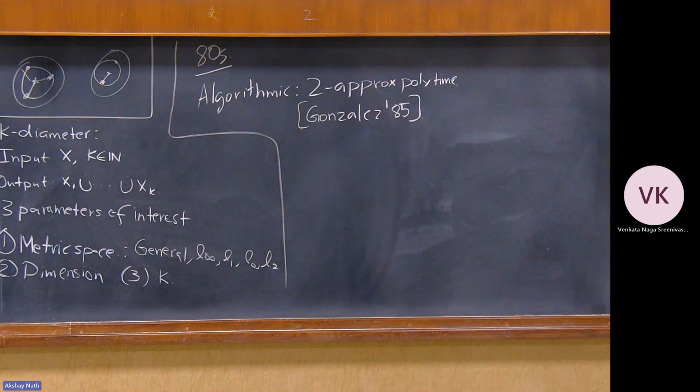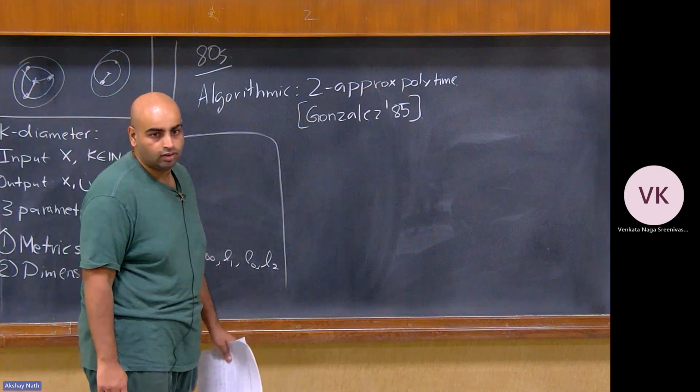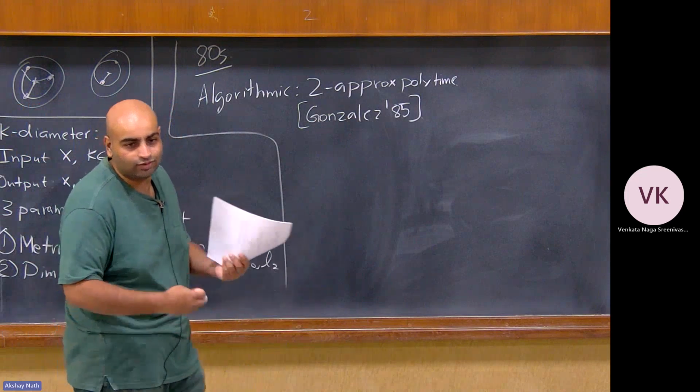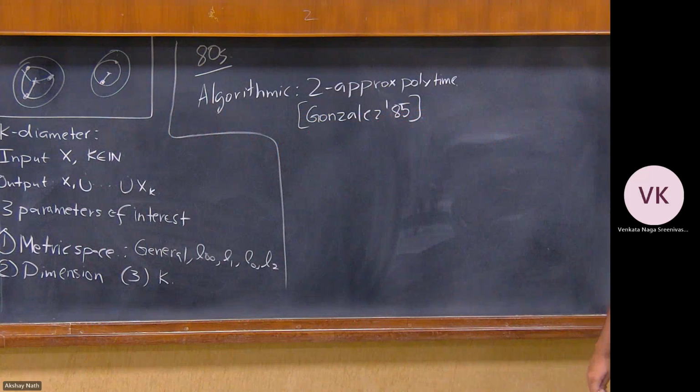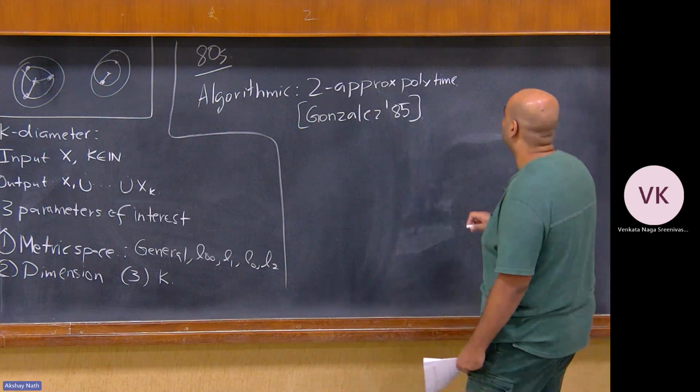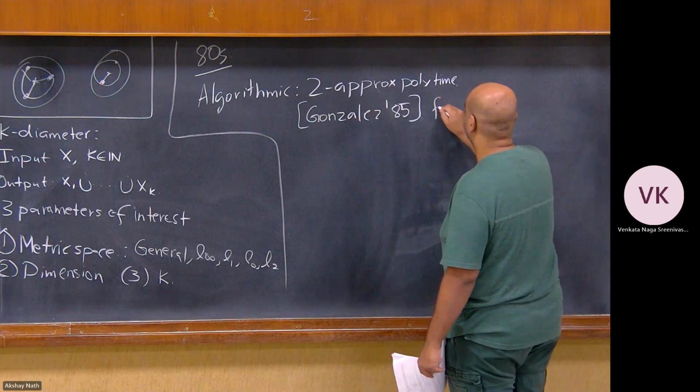So if you're given the diameter to be some alpha, then you can output a partitioning whose diameter cost is 2 alpha in polytime. If you can guess what the diameter cost is, by sequentially increasing the powers of 2 or something, you can get a 2 approximation. This is for all metrics.